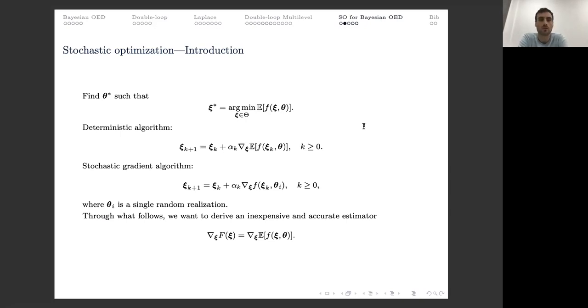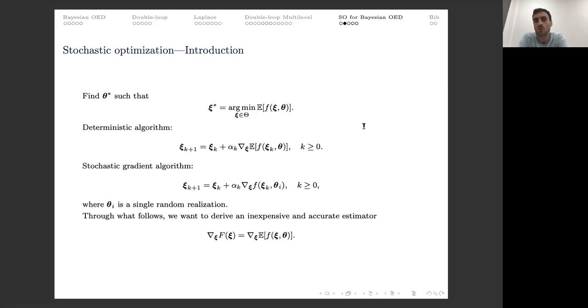just run traditional algorithms. But we can use different versions of optimization algorithms and use stochastic gradient algorithms, where we do not rely on computing the gradient of the expected value of this function, but we can compute just the gradient of the function for one realization or for a set of realizations.